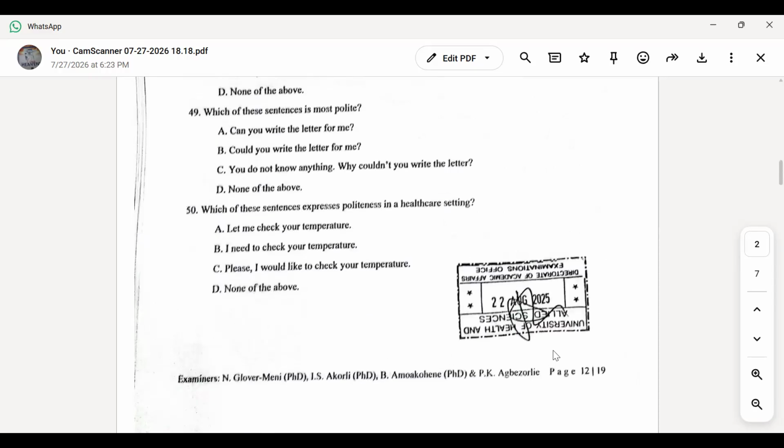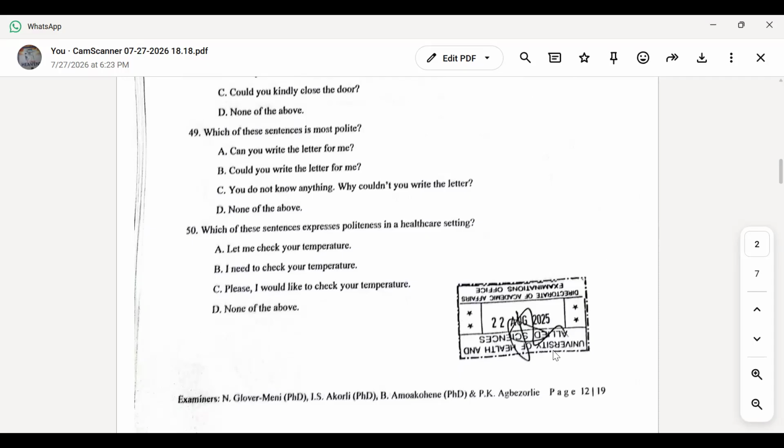50. Which of these sentences expresses politeness in a healthcare setting? A. Let me check your temperature. B. I need to check your temperature. C. Please, I would like to check your temperature. D. None of the above. C. So 49, what's the answer?